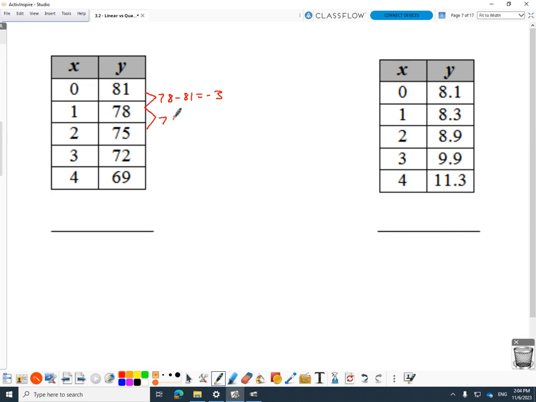This one, down 3. This one, down 3. Did it go down by the same amount every time? So that's linear. That would be a straight line.